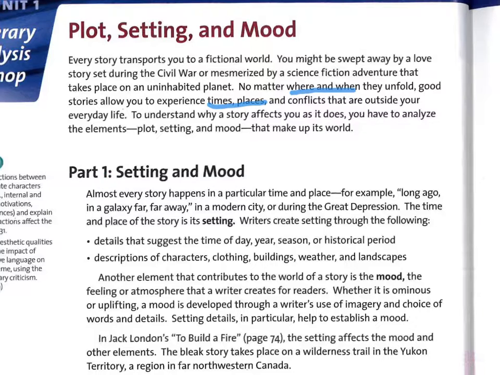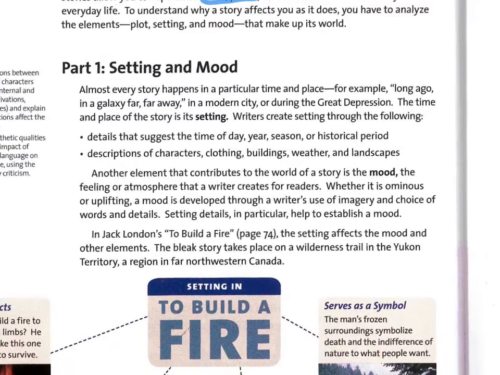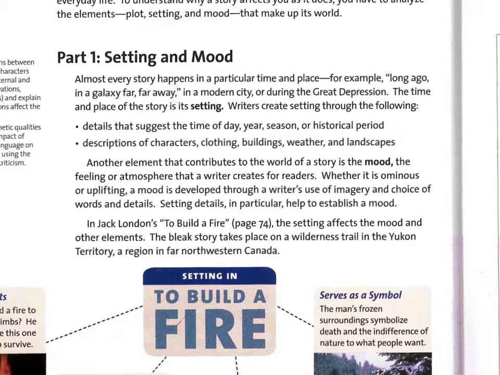Part 1, setting and mood. Almost every story happens in a particular time and place. For example, long ago in a galaxy far, far away. Right, Star Wars, that's how it begins.